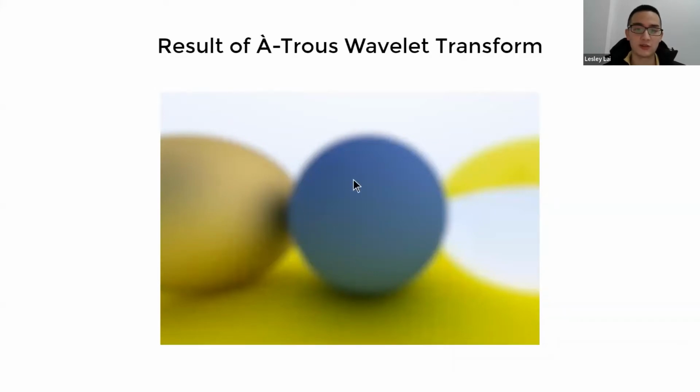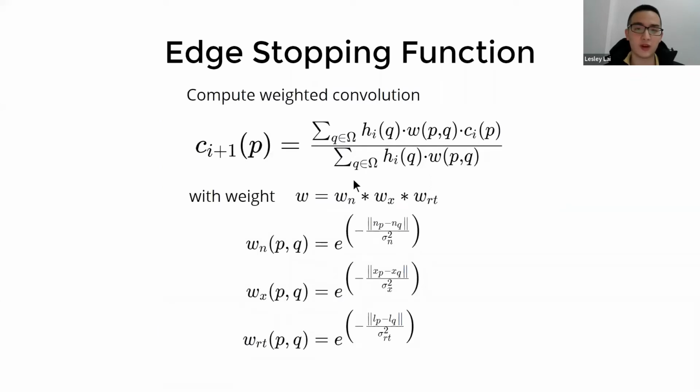So to prevent that, we will apply some edge stopping function. And instead of just doing a normal convolution, we will actually do a weighted convolution. And the bottom term is just a normalization factor to make sure we don't multiply by some large or small numbers.